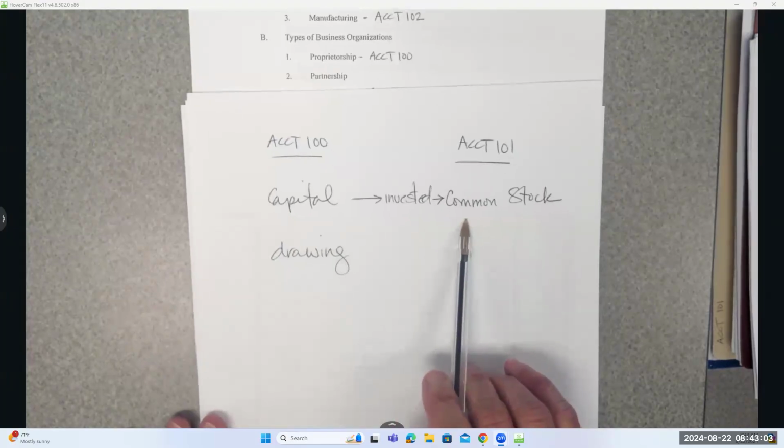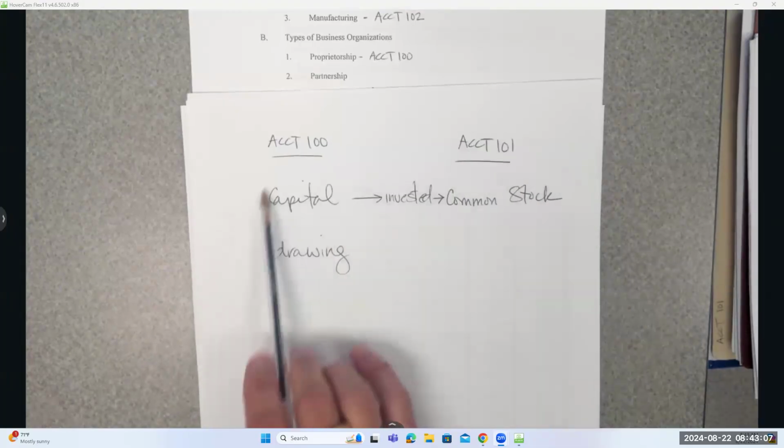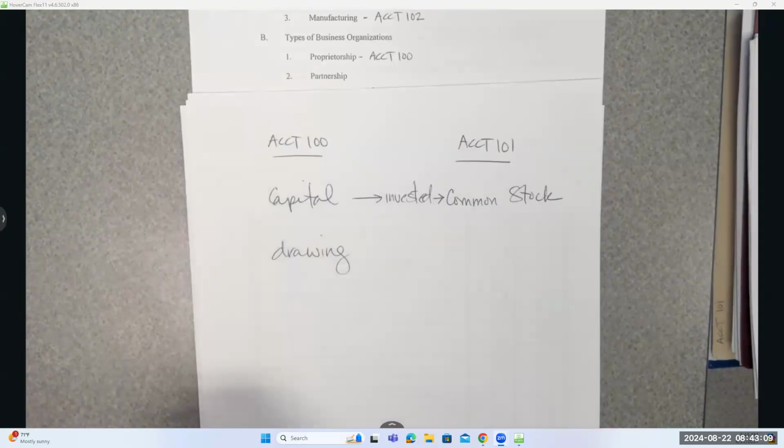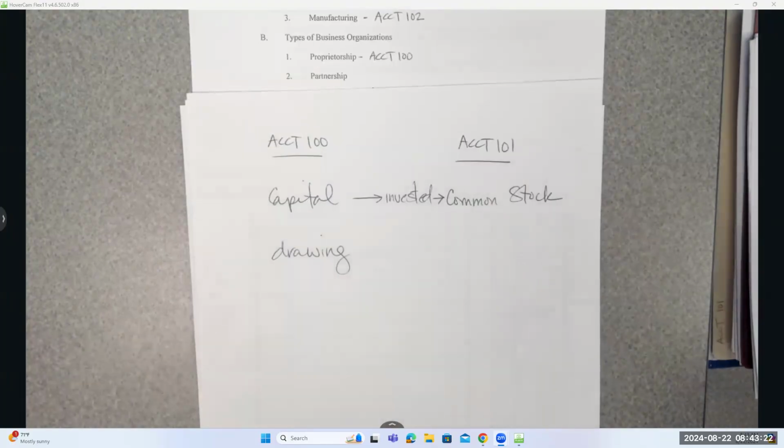So the invested equity goes into common stock because now the corporation is a separate legal entity. In a sole proprietor, we just open two bank accounts, one for our personal finances and one for our business finances. Same person's name on both accounts, same bank, no issues. A corporation is a separate legal entity. It's like an intangible person.